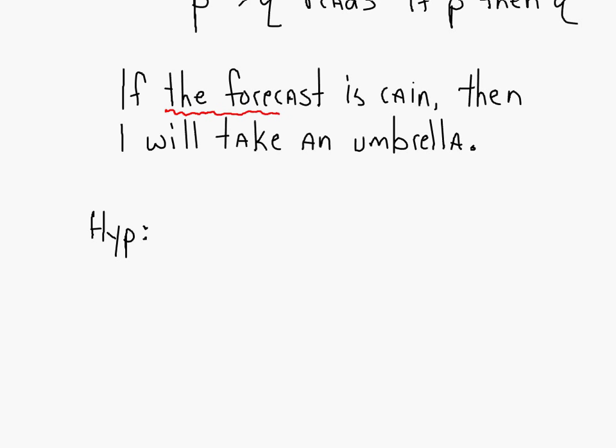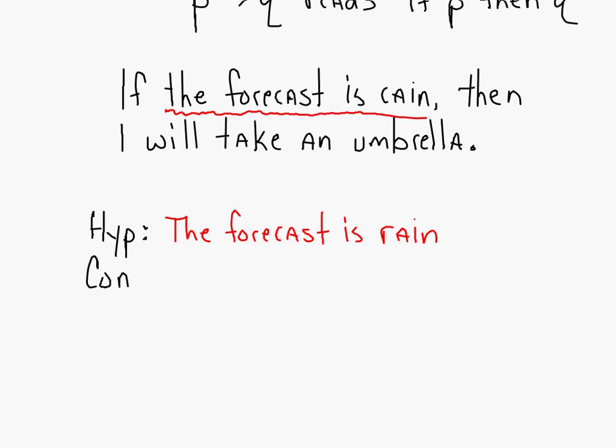So in this conditional statement, the hypothesis would be the forecast is rain. The conclusion would be what follows the then, and in this case it is I will take an umbrella.